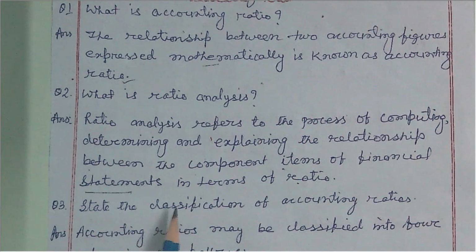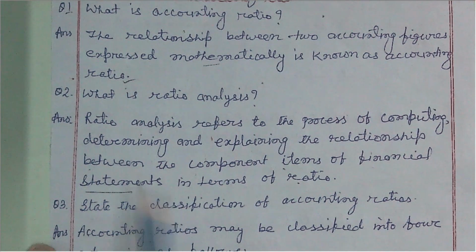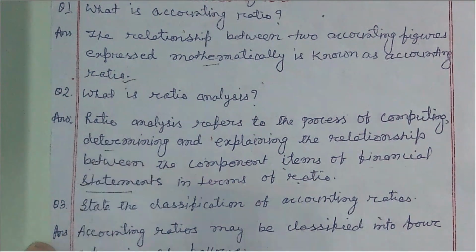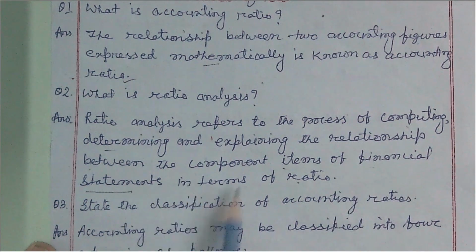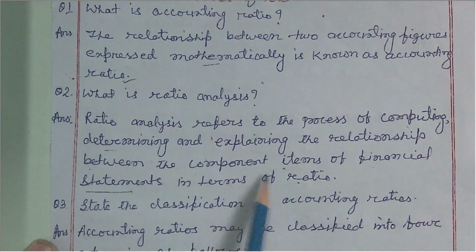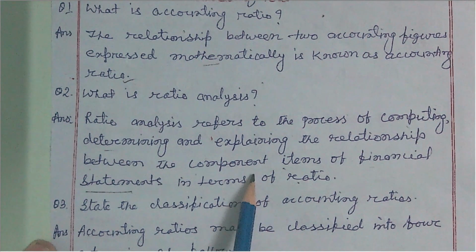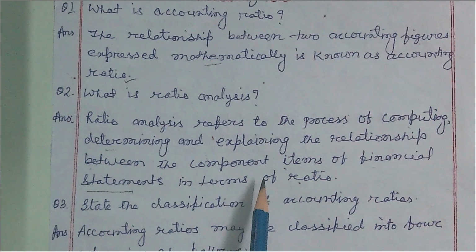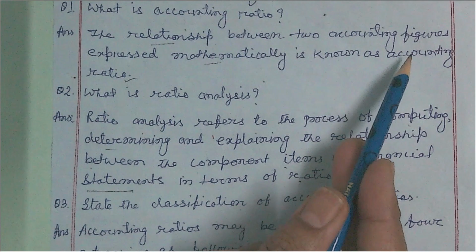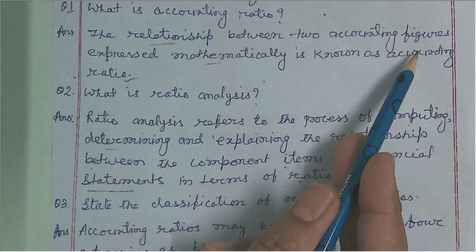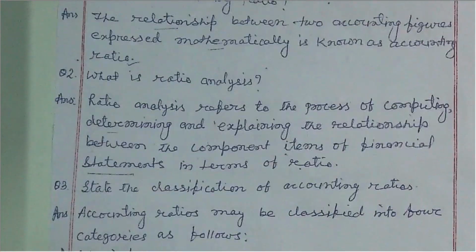So this profit and loss account and balance sheet information is used for explaining, determining, computing a relationship, assets and liabilities relationship, long term liability, shareholders' fund. So the relationship we establish here is the relationship between two accounting figures, assets and liabilities relationship. I will come to this point later.